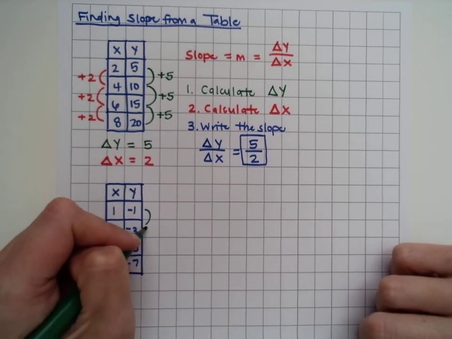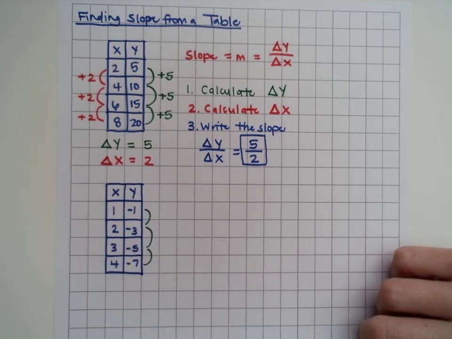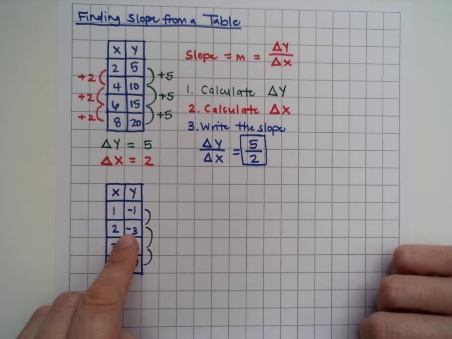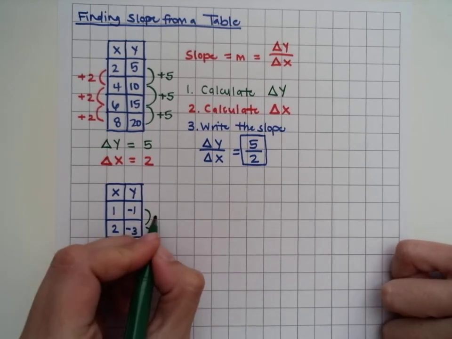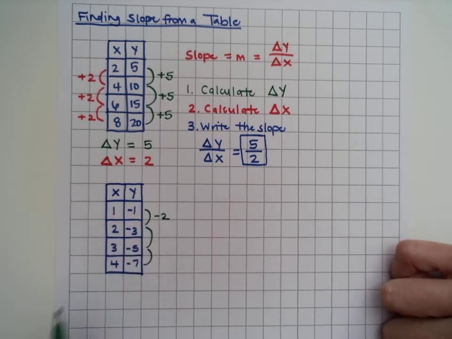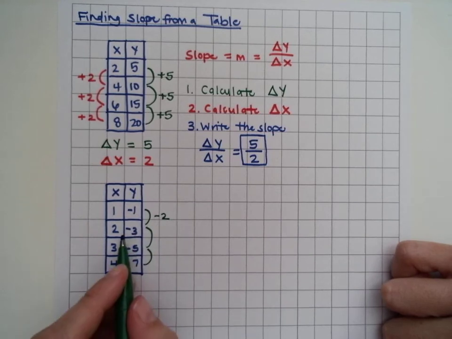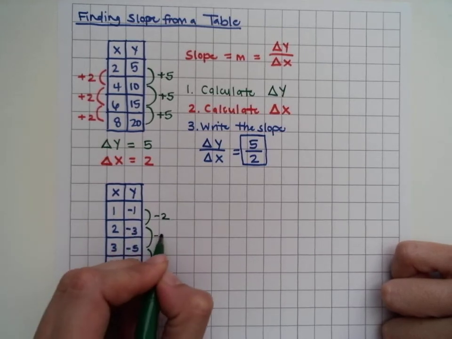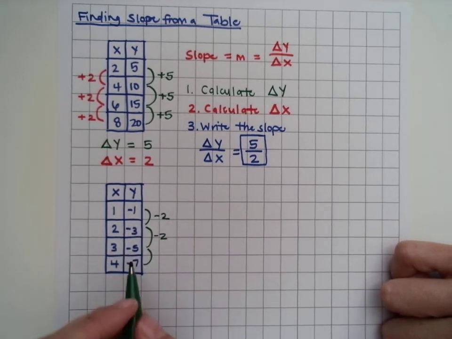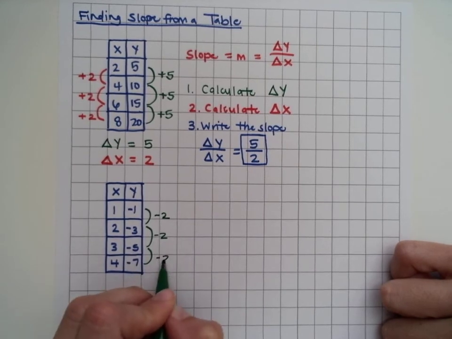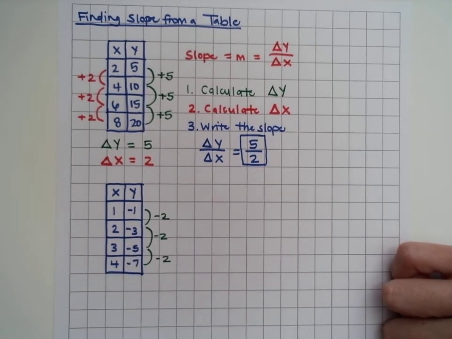So what are we doing to the y values each time? So what do we do to negative 1 to get negative 3? We are taking away 2. Negative 1 minus 2 is negative 3. Negative 3 minus 2 is negative 5. And negative 5 minus 2 is negative 7.